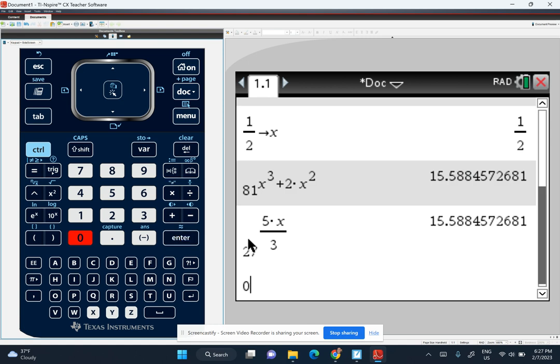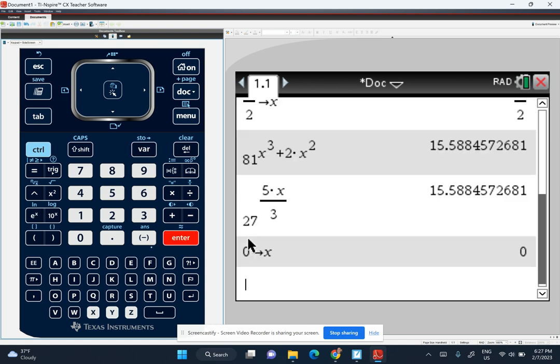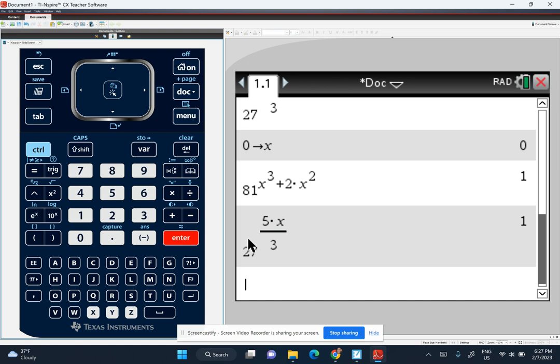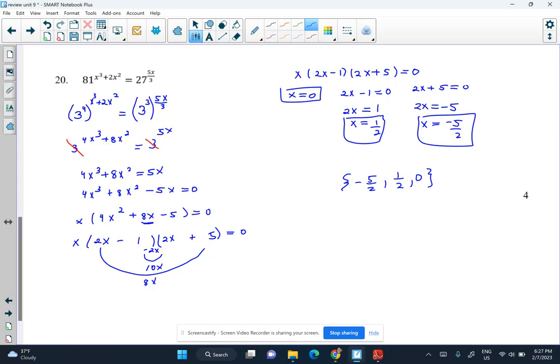Now we're going to store 0, control store x, so you get that arrow and store it in x. Again, I'm going to copy and paste. And you see that all three solutions work, so it checked.